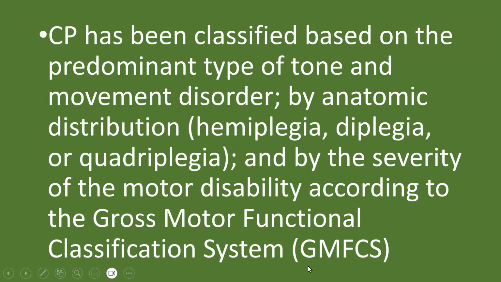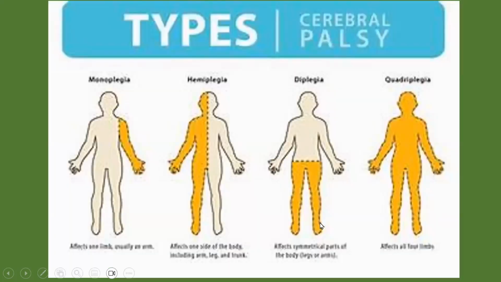This is referred to as the GMFCS, which stands for the Gross Motor Functional Classification System. This is the first classification. It can be monoplegic, can be hemiplegic, which is the dark pink, can be diplegic, or quadriplegic. You have to keep this in mind.